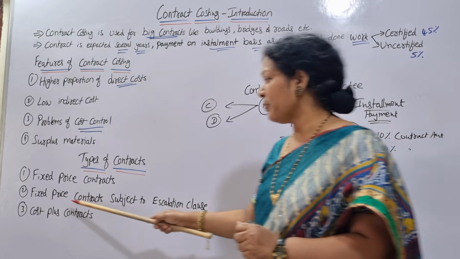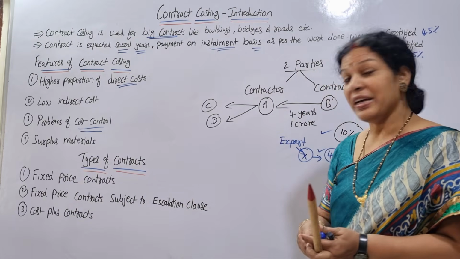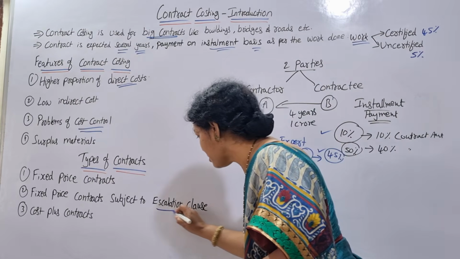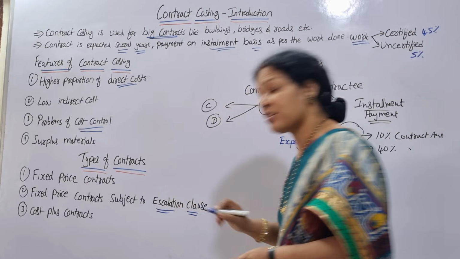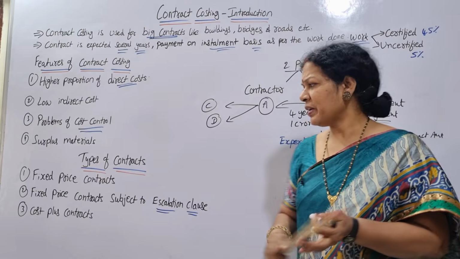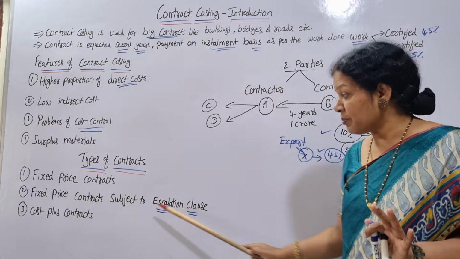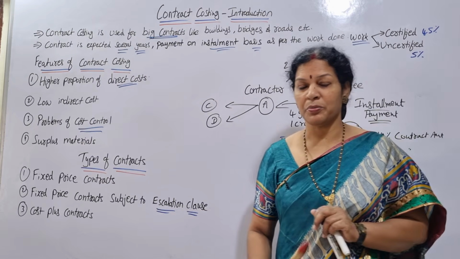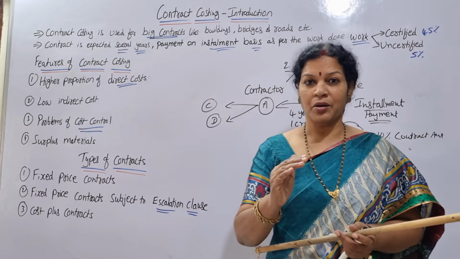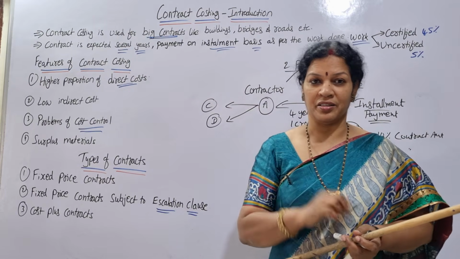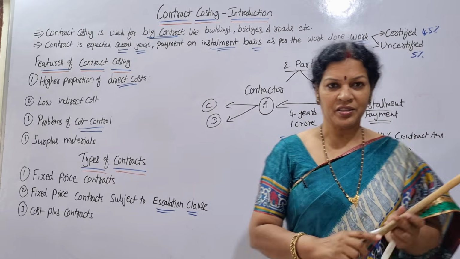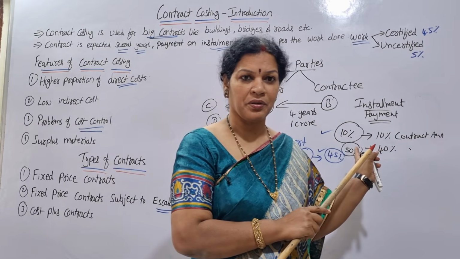The second one is fixed price contract subject to escalation clause. The contract price is fixed, subject to escalation. Escalation clause means sometimes the cost may increase or decrease. They decided the cost will be 1 crore.